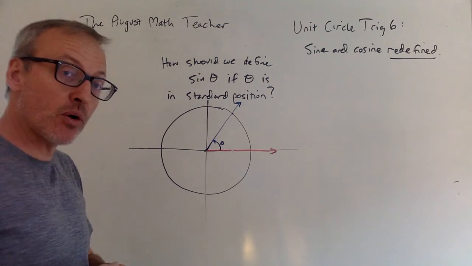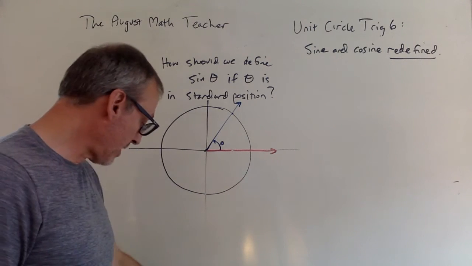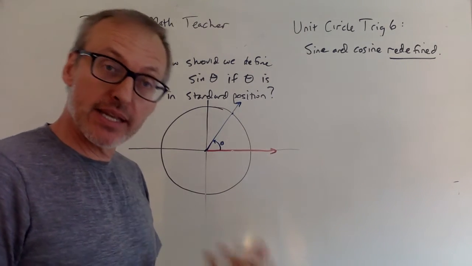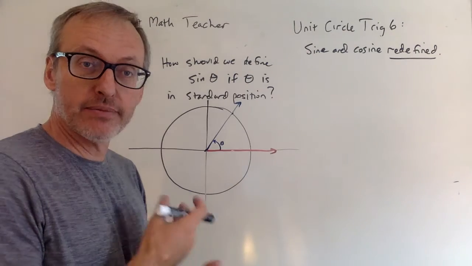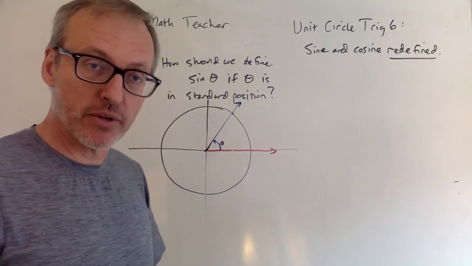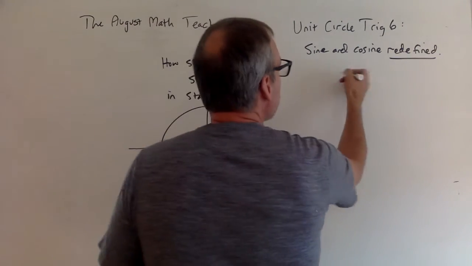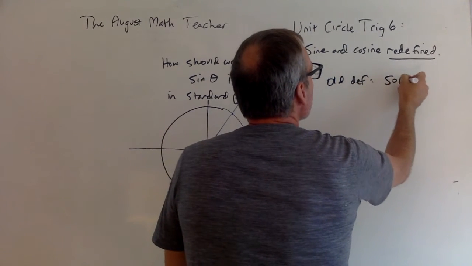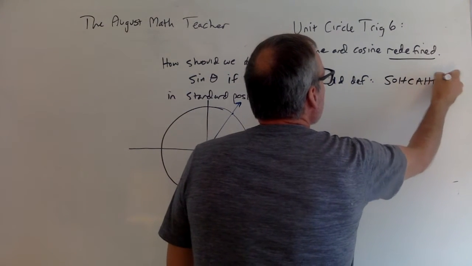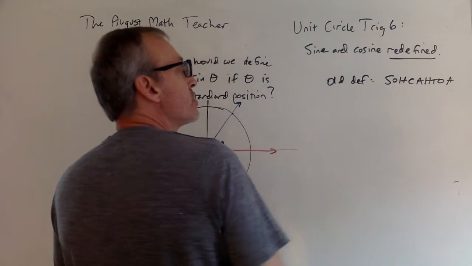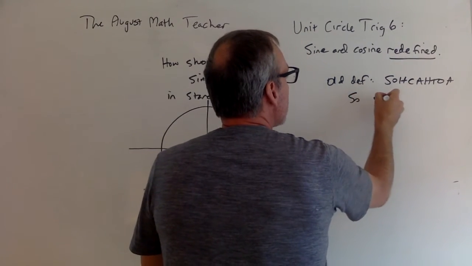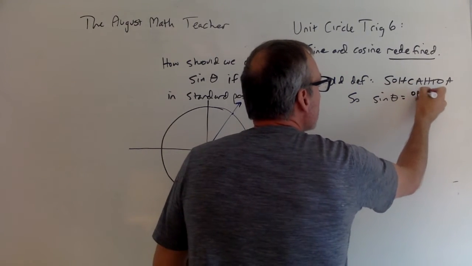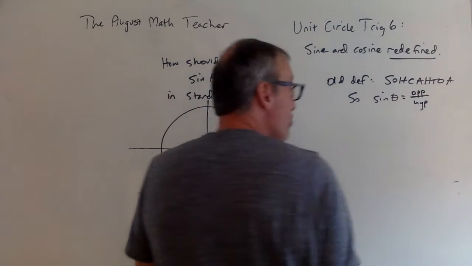And I want to think about what the value of the sine of theta should be. Now I said that we're going to redefine it, and I said that from now on we're going to have SOHCAHTOA be of secondary importance. But we do need to think about our old definition that came from this acronym. So that meant that the sine of theta was equal to the opposite over the hypotenuse in a right triangle.